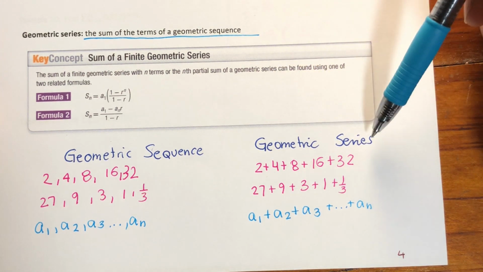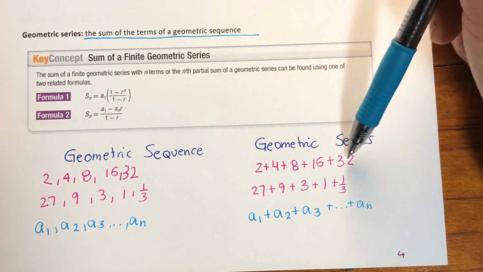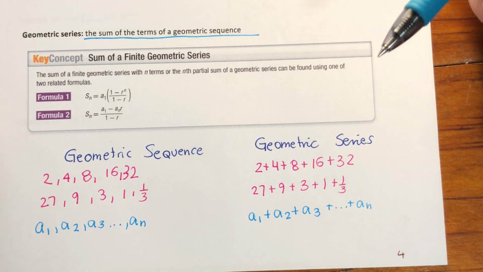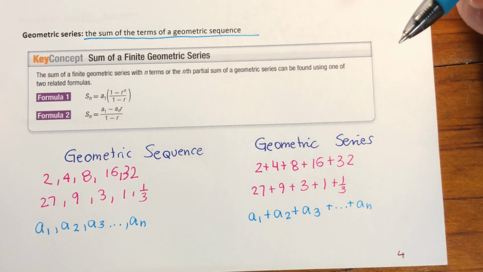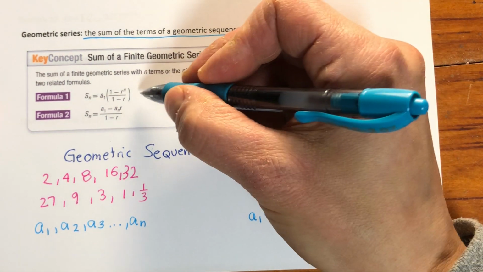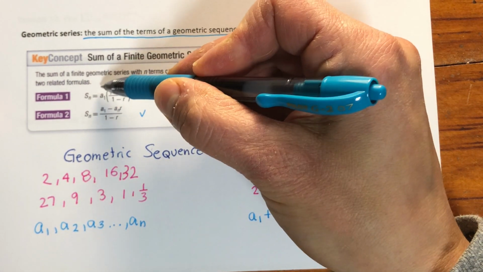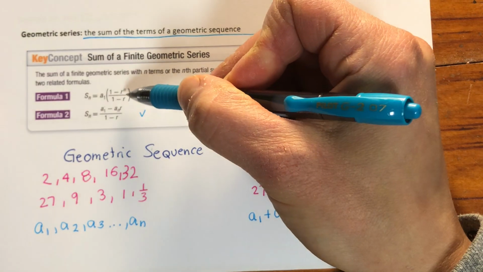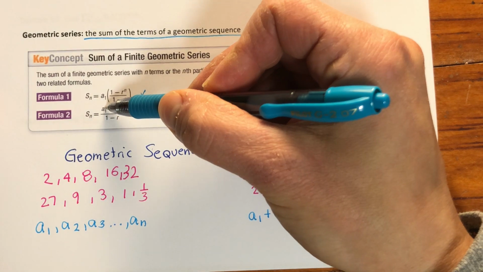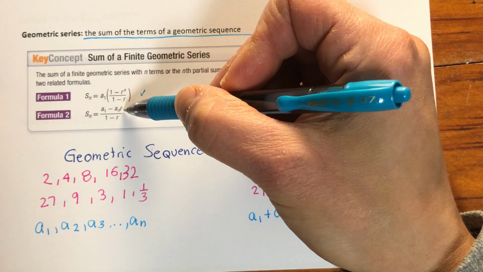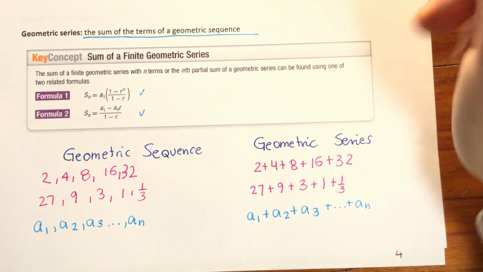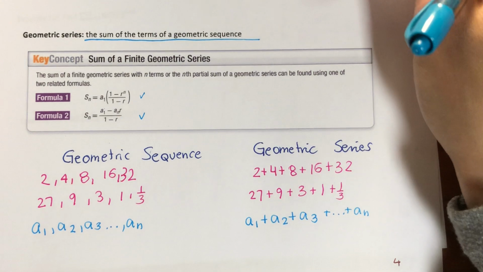If you now want to talk about the series, it's if you take all of those numbers and add them together. We have two formulas that will calculate the sum of all the terms of the geometric sequence. The first one uses the first term and the r, and the second one uses the first term and the last term and also the r. We'll see which one is easier, which one is better for whatever kind of problems.